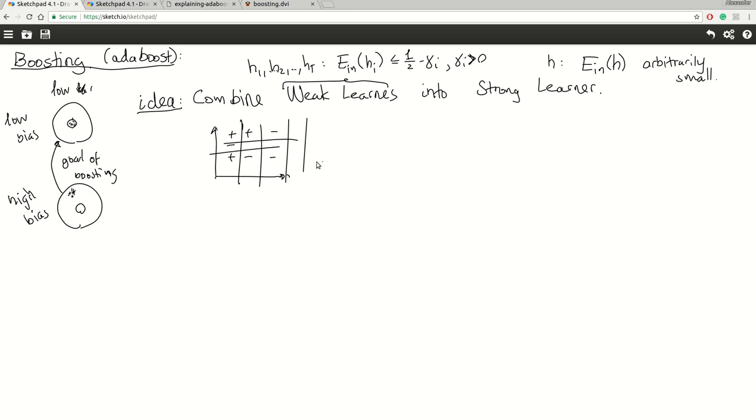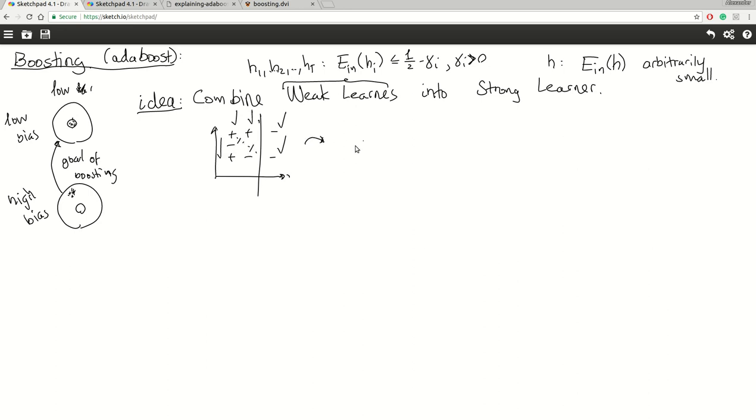This is what I can learn. I won't be able to classify this dataset perfectly with the weak learners, but I'll probably be able to do well. So the idea is I'll try to learn one of these. Maybe I would learn this one, so everything over here is minus and everything over here is plus. Then I would predict correctly on this point, this point, this point, this point, and this point. But these two points I'll be wrong on.